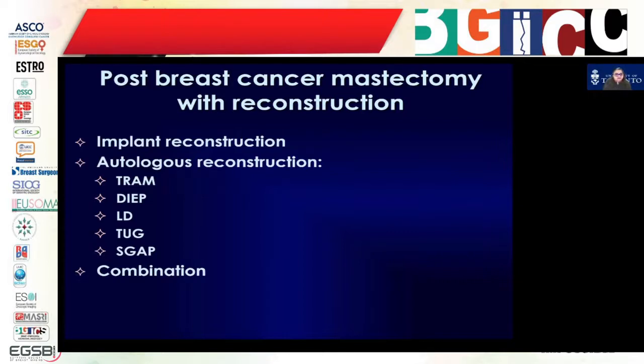In autologous reconstruction, there are many different types: TRAMs, DIEPs, latissimus dorsi, and many others. The commonest one, at least at our facility, which is subspecialized in DIEP, is the DIEP reconstruction, so we see a lot of them at our institute. So these are the different options that patients can have.